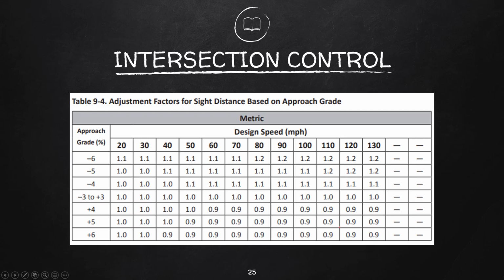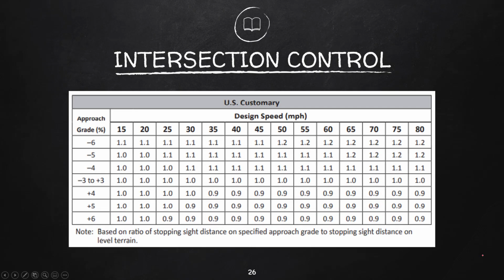You will have a lower factor here, less than 1, meaning you're decreasing the original design length of the leg. That is because if you're going uphill, it is easier for you to decelerate. Okay? This is for US customary. The other one is for metric.